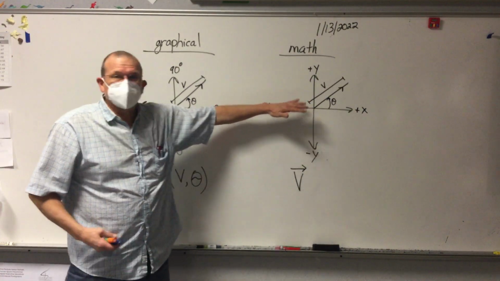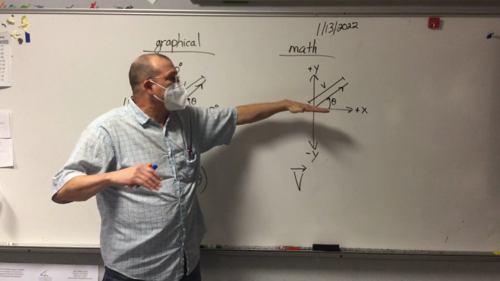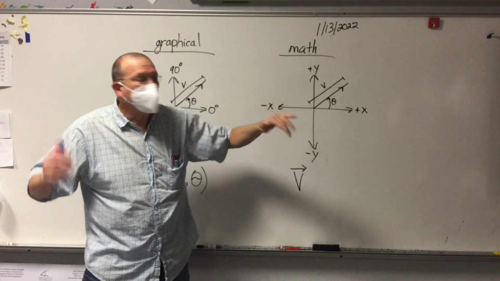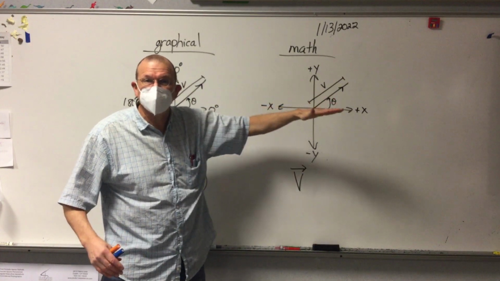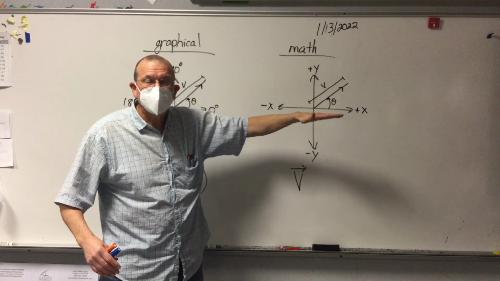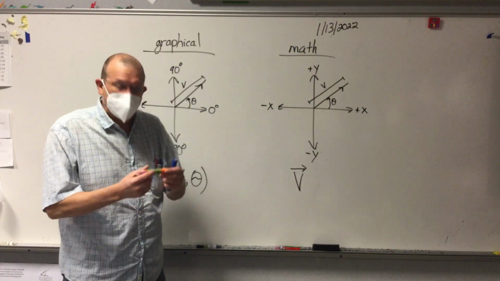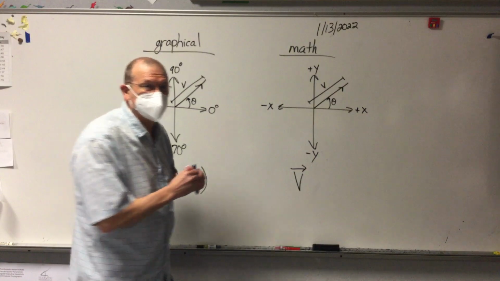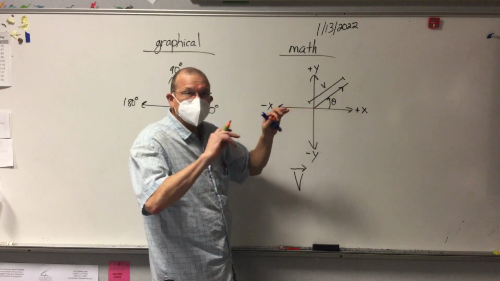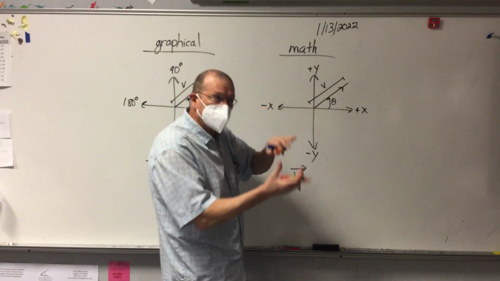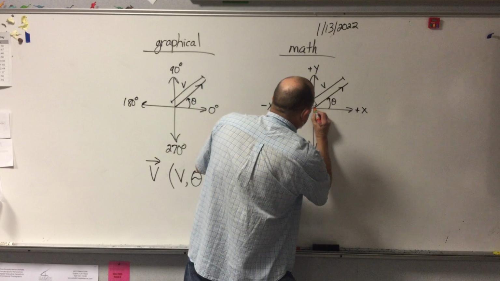When you play with vectors mathematically, you have to break this thing down into just a horizontal vector and a vertical vector. Now, when you do that, this is what it's going to look like. We mentioned earlier that this vector is both horizontal and vertical.